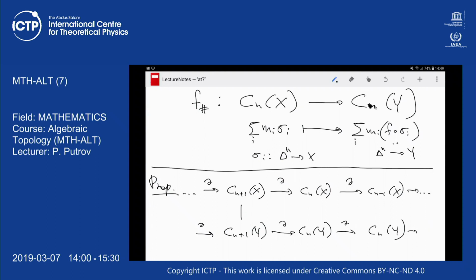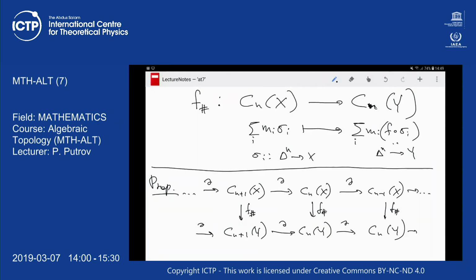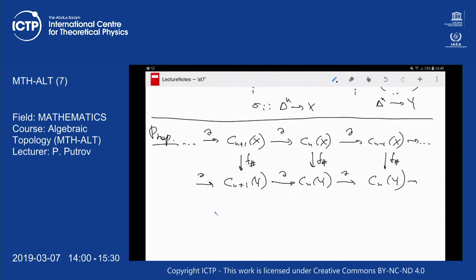And then we have the induced maps f sharp. The statement is that this diagram is commutative. So if we take an element here and act on it by D and then by f sharp, this gives us some element here, but we can also bring it first here and then here, and we get the same.